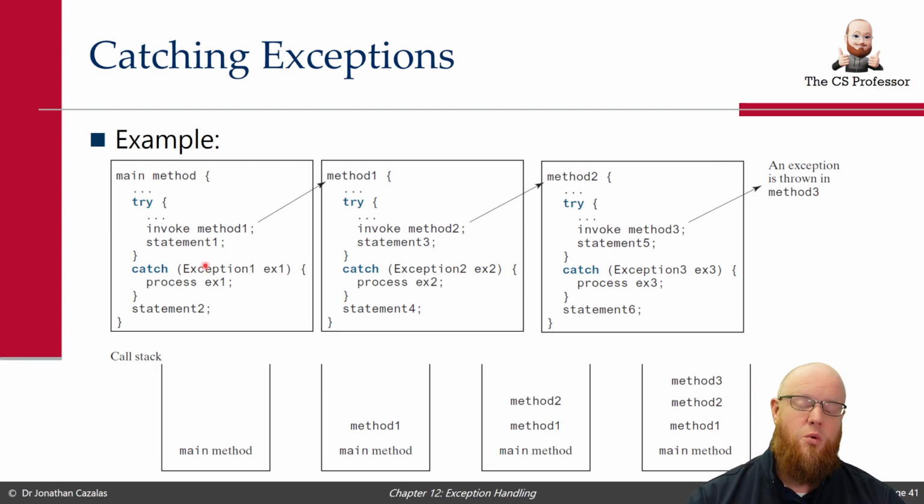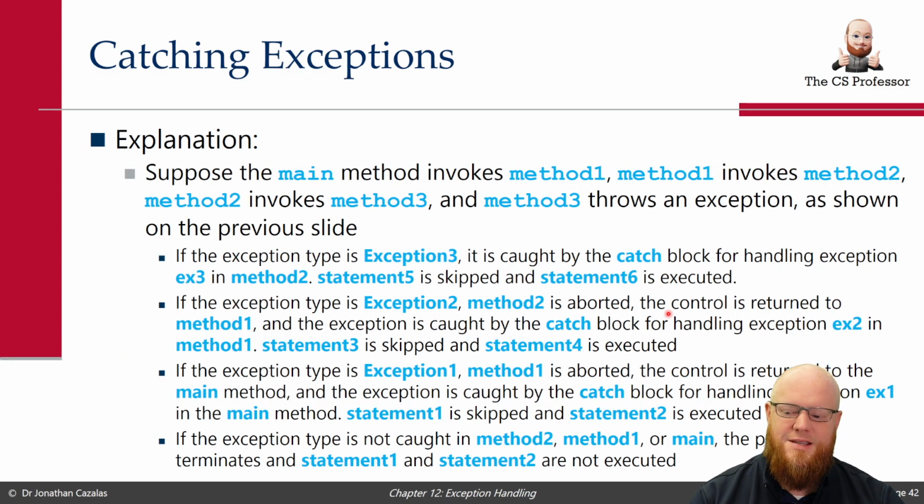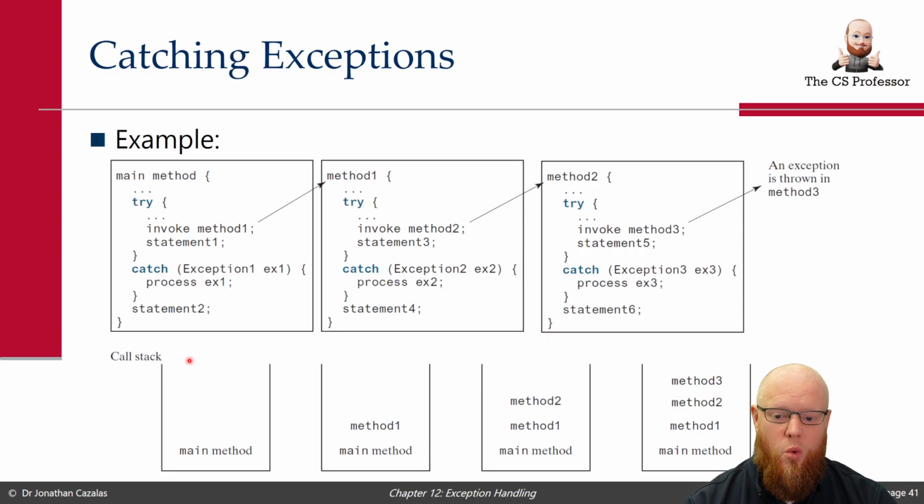And then finally, what if it throws an exception that's not caught by any of those? What ultimately happens? We're going to break that down for each one of those examples. On the next slide, we have these 4 bullet points where it covers each one of those examples. You can pause the video and read this, but I'm going to go back to the previous slide just to go through each one by one.